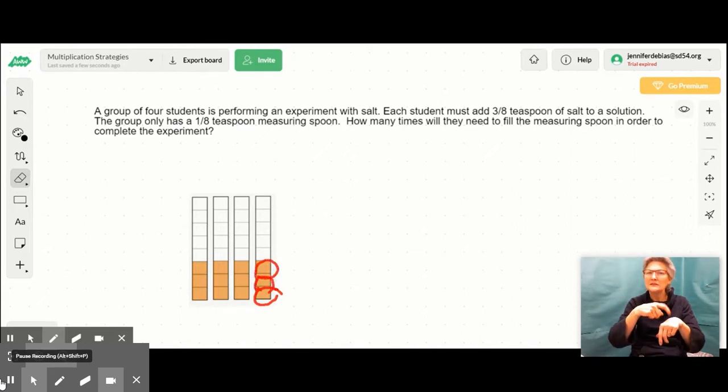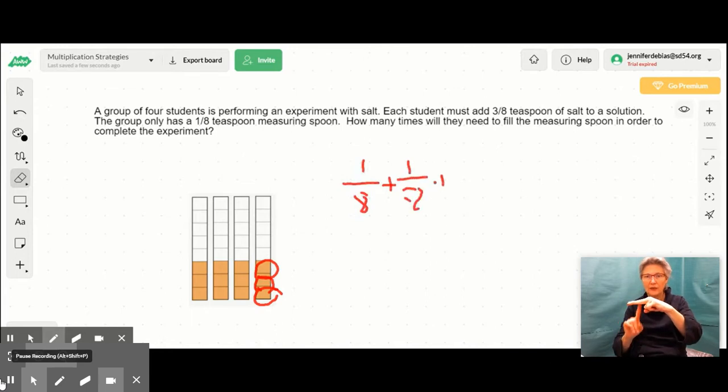I filled my measuring spoon 3 times because it's 1/8 plus 1/8 plus 1/8, right? I'm adding my unit fraction, 1 part of the whole. So I know that I filled it 3 times to get my total of 3/8.